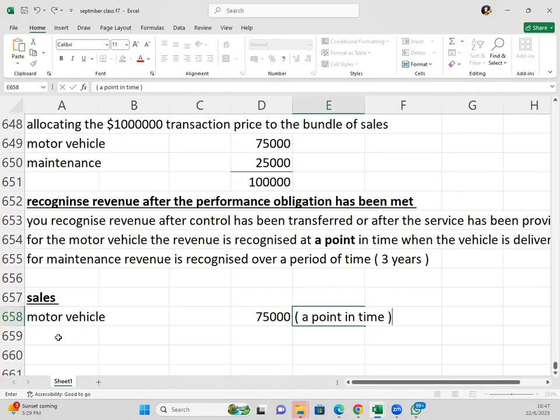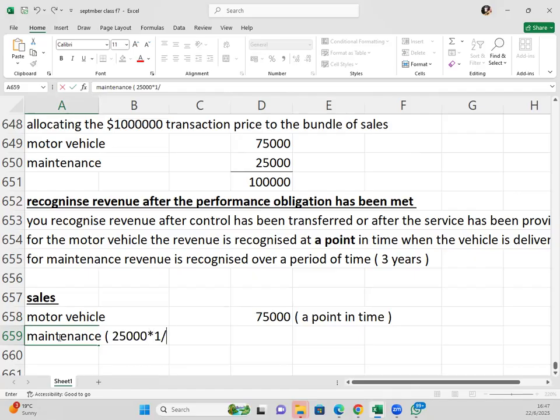But for maintenance, the revenue is recognized over a period of time. It means we are going to spread the 25,000 over a period of 3 years.